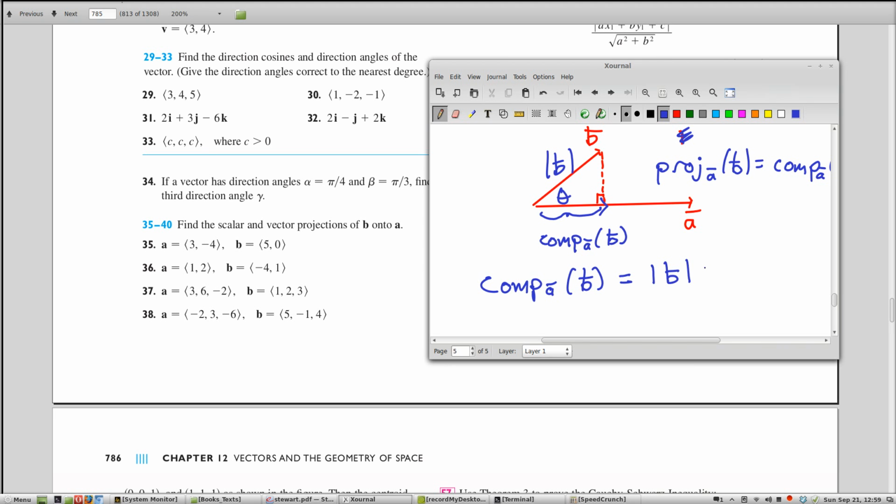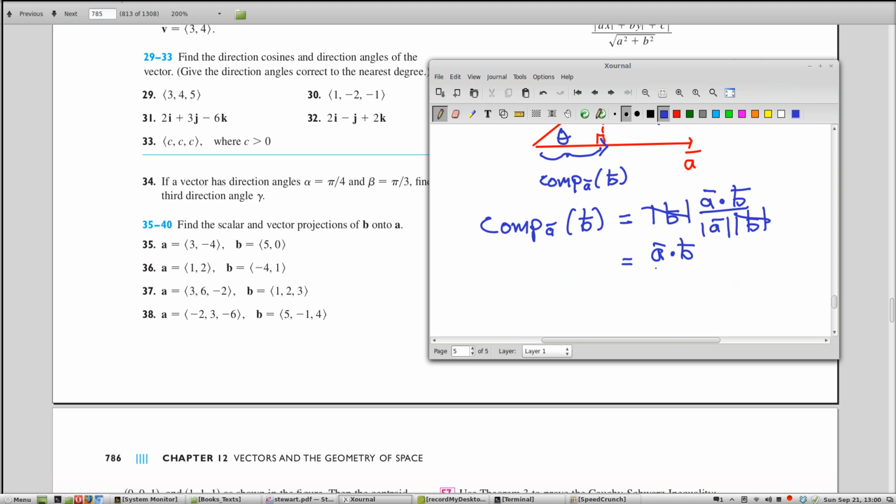And the cosine of the angle is the same thing as A dot B over the magnitude of A times the magnitude of B, and then this cancels with that, and you get A dot B over the magnitude of A.